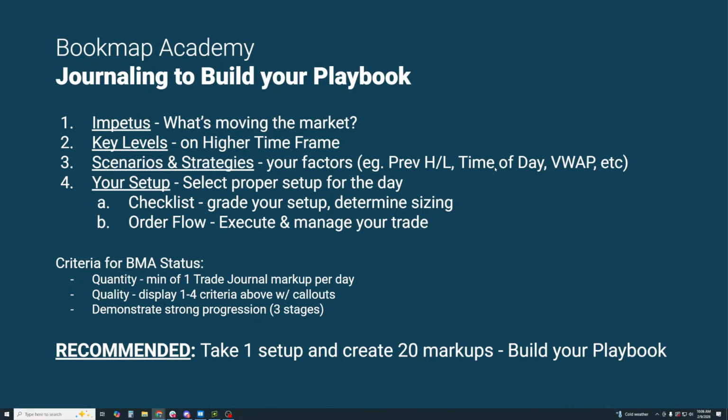You don't want to be doing this on the breakout in the morning for the 9:30 cash open. You don't want to fade it necessarily. Maybe it sets up that way, but these are momentum drives in the morning. The time of day is critical, right? We'll put that into our scenarios and our strategies here. Then we pick the proper setup with all of these things in mind.